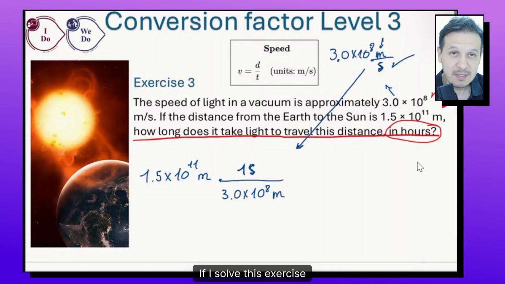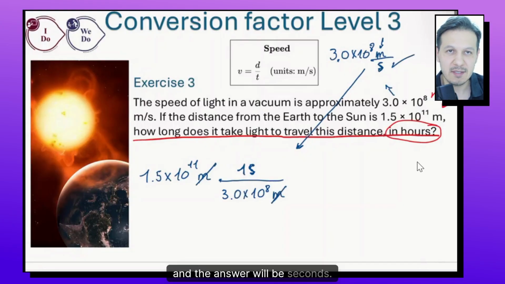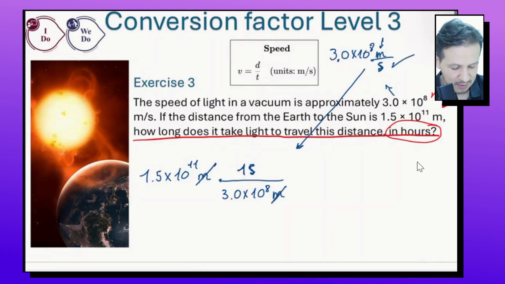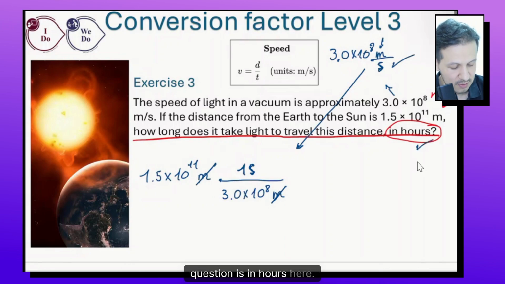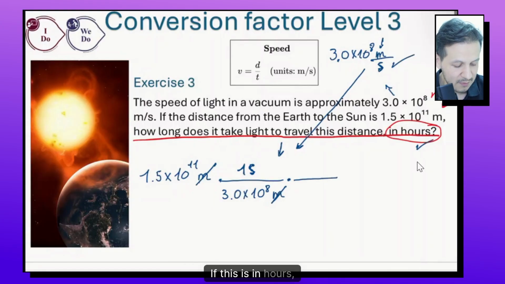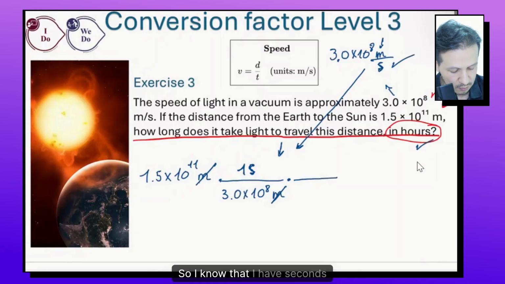If I solve this exercise here, I get rid of meters, and the answer will be seconds, and I divide it by the meter. The exercise is not stopping there because the question is in hours. Here, without putting any answer, I can continue. I know that this part is correct, so I can continue. If this is in hours, I need to transfer seconds to minutes. So I have seconds and I have minutes.